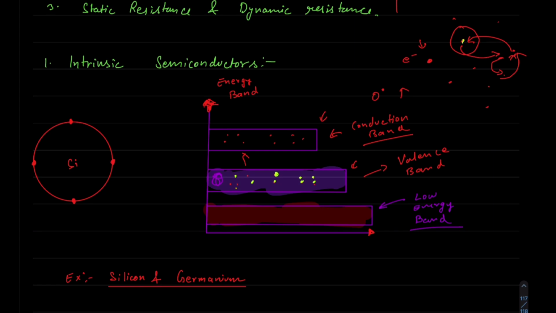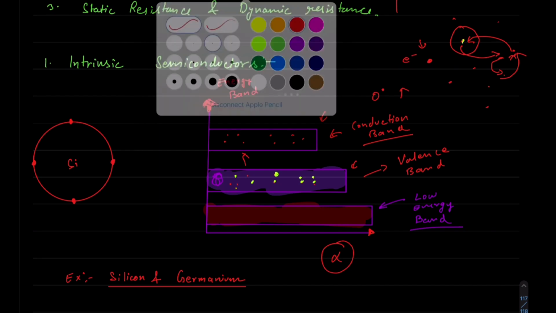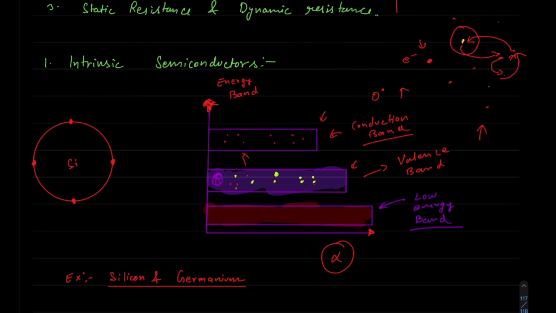Another thing is the temperature coefficient of resistivity, alpha, if you remember from 12th class. The alpha here for intrinsic semiconductors is actually negative. If you keep raising the temperature, more electrons will keep moving out of the valence band and going into the conduction band, and more holes will be made in the valence band.